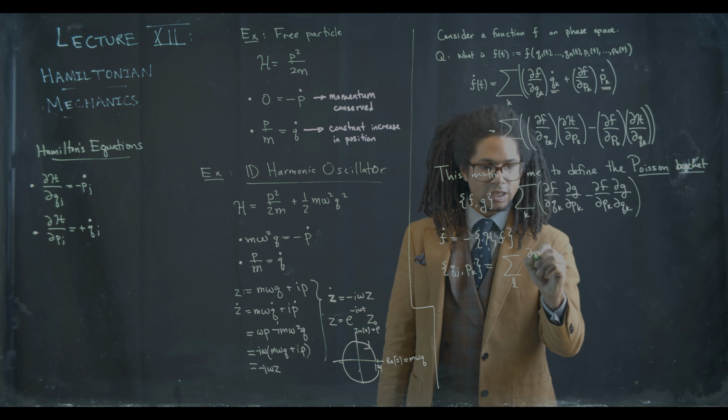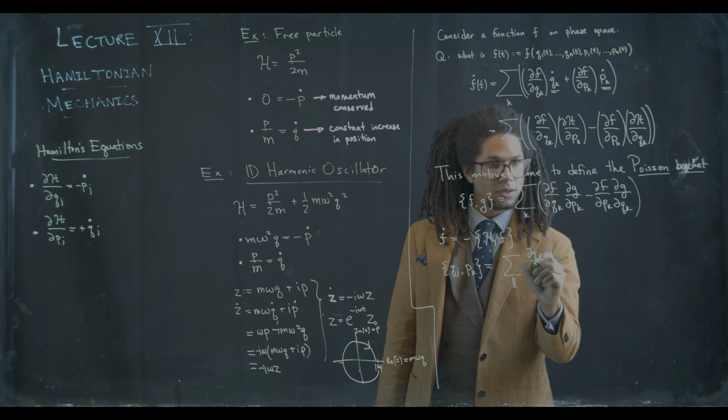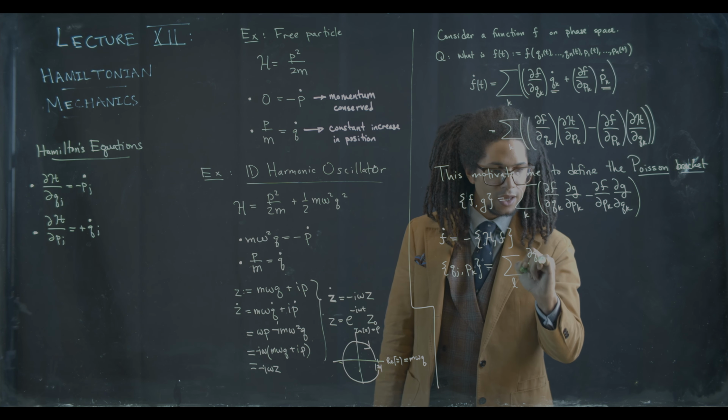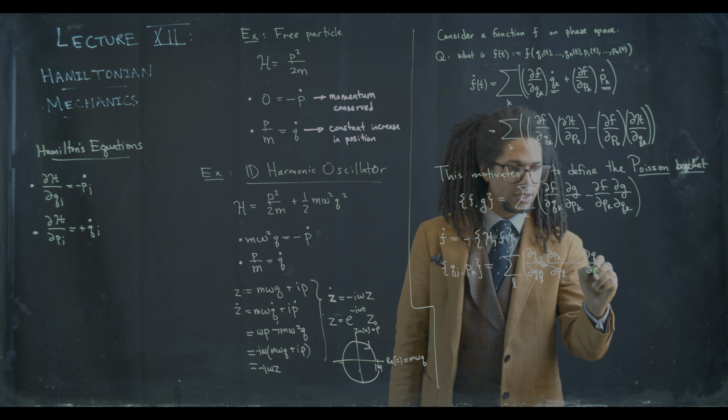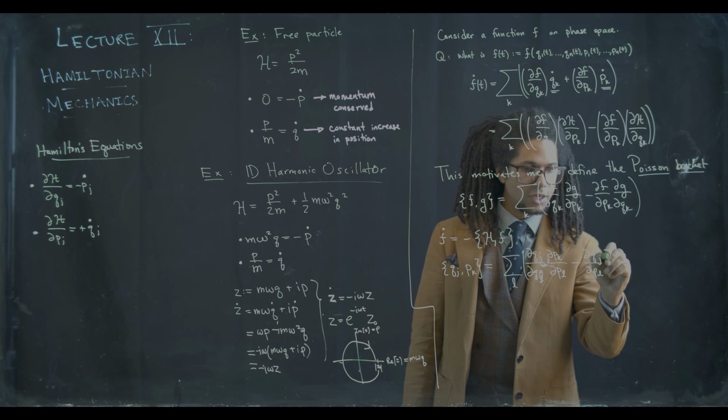So I'll get dqj/dql times dpk/dpl. Oops, messed that up. Okay, minus dqj/dpl, dpk/dql.